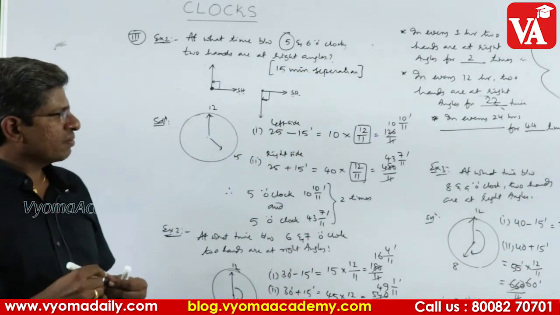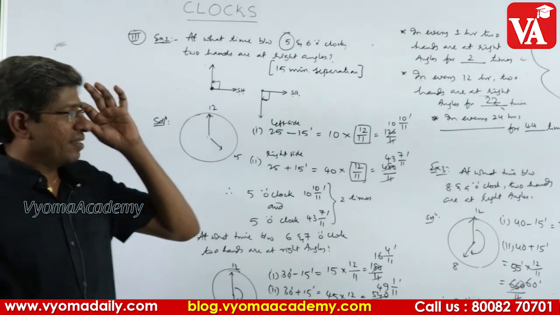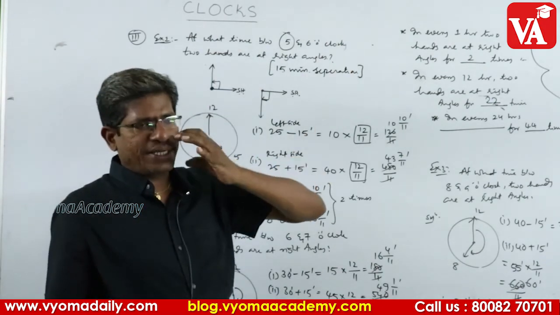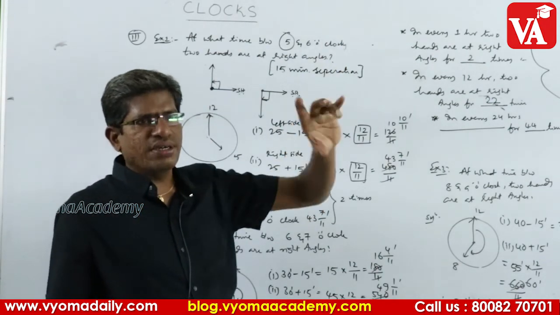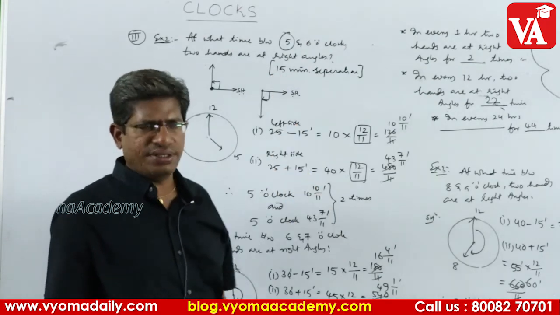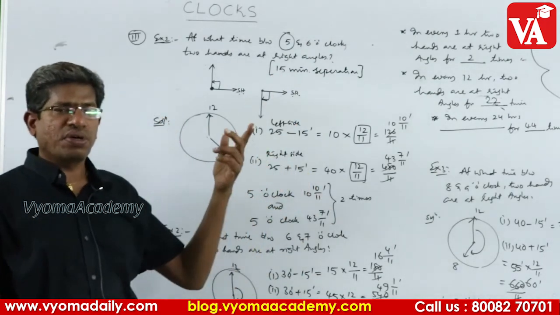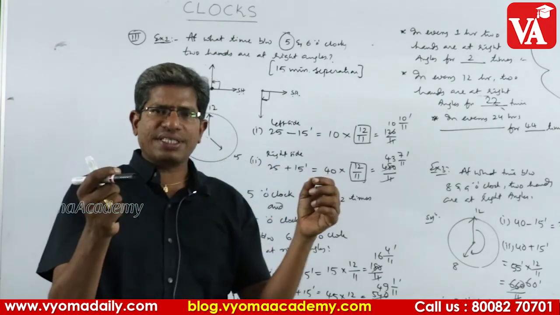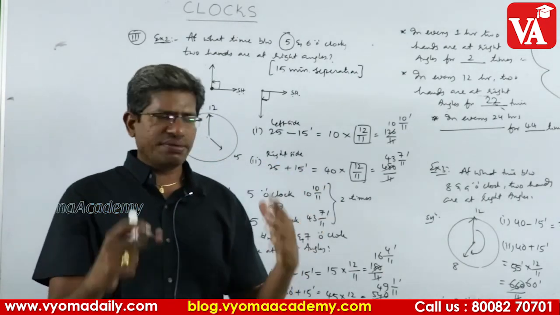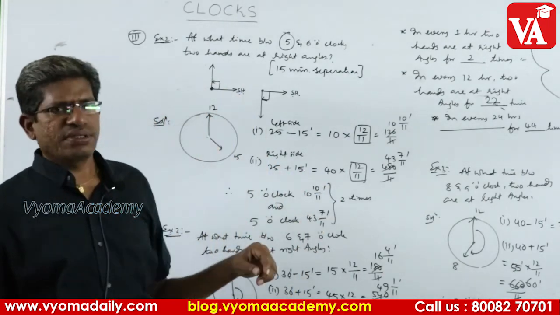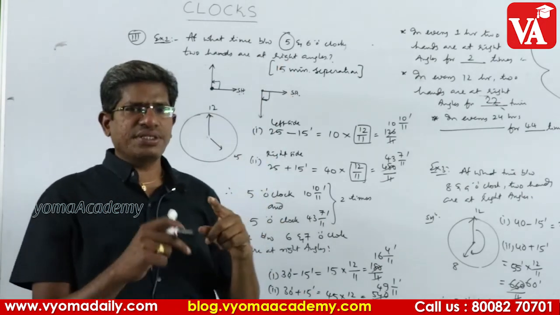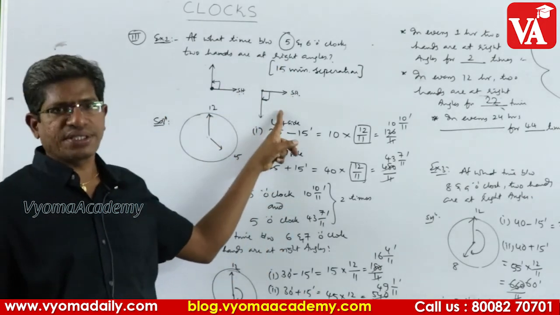So far what I explained is with the models, let me just quickly recap. The first model was together and meeting, that means in the same straight line together. The second model was what? They are in a straight line but in opposite directions. The third one is what? Right angles, meaning the separation should be 15 minutes.